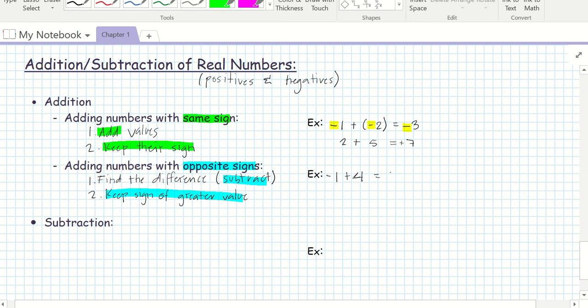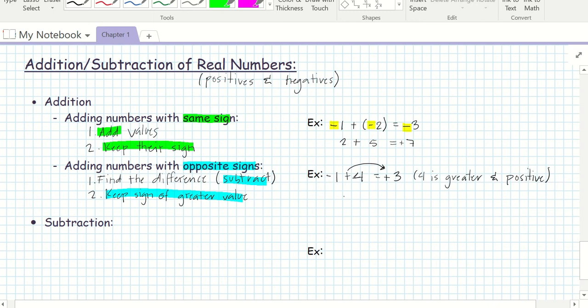Well, that's 3. I subtract, 4 take away 1, it's 3. However, because 4 is greater and it's positive, this is going to be a positive 3. And that's what I mean when I say keep the sign of the greater value.